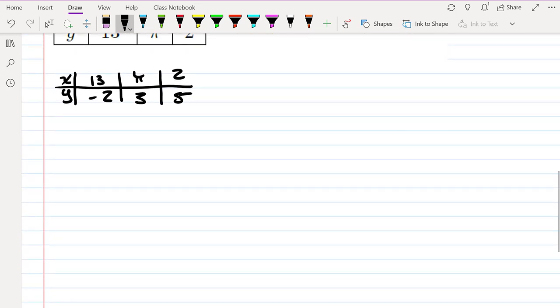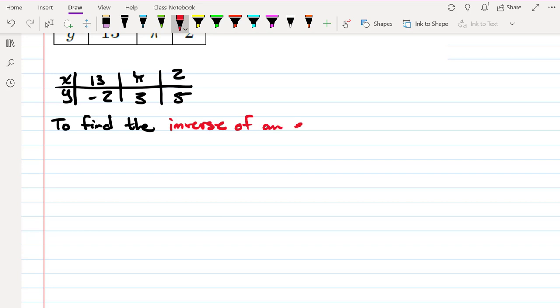All right. So to find the inverse of an equation, we're going to continue what we've been doing. We will interchange the input variable and the output variable.